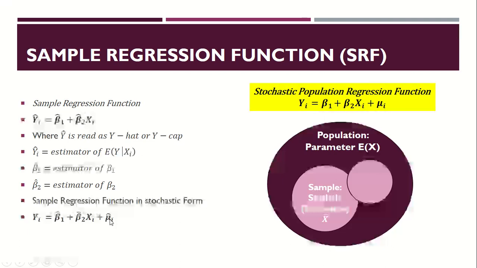So the stochastic or random error term corresponds to the residual, and it is a residual because if you think about those graphs, we can actually observe the difference between an actual y and the y that is predicted by the line. So this is a residual, but still in this case we now have what we really work with, which is the stochastic sample regression function.